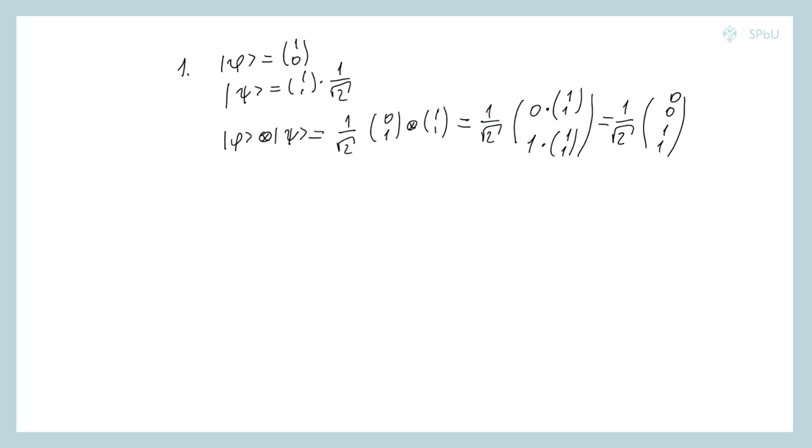So, as you can see, the dimension of the initial vectors was 2, the dimension of phi equals 2, and the dimension of psi equals 2, but the dimension of the tensor product of phi and psi equals not 2, but 4.